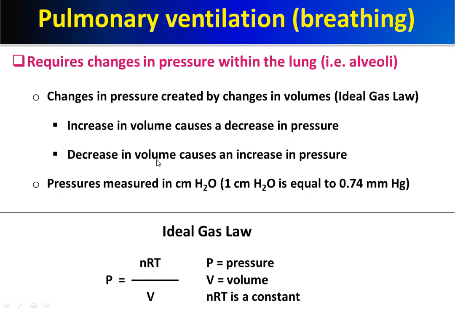A decrease in the volume increases the pressure. How do we measure the pressure? The units we use to measure the pressure are the centimeter of water or millimeter of mercury. And 1 centimeter of water is equivalent to 0.74 millimeters of mercury.